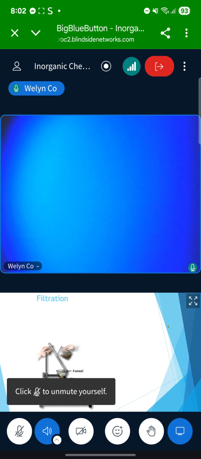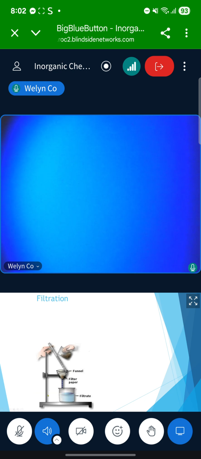So ang filtration, ito yung we don't have yung conical. Wala tayong Erlenmeyer flask. You can't really have this proper setup sa filtration process. So you have your iron stand, you have your clamp extension, you have the filter paper inside your glass funnel. Then you have the beaker. If you are to filter more than mga 250 ml, then you can use the beaker.